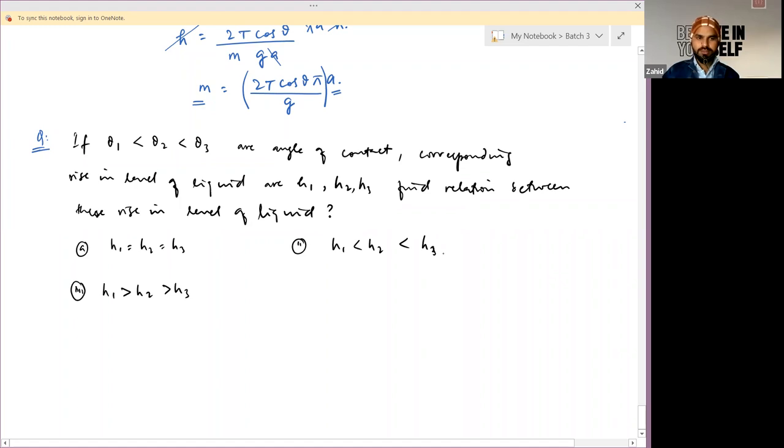Choose your answer according to these three options. These all three angles are acute.